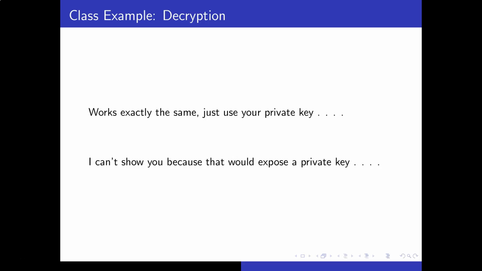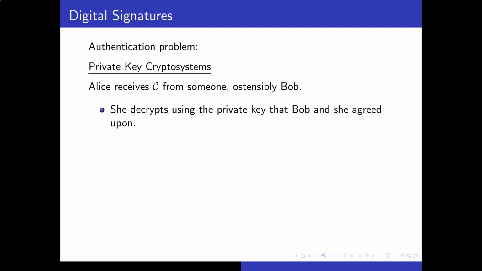Now, unfortunately, while there's a general increase in the amount of convenience, i.e. you don't have to have individual parties setting up private meetings and so forth to establish these things, there is one sort of problem that comes out with public key systems. All right, when you're looking at a private key crypto system, when Alice receives some ciphertext from someone who calls himself Bob, then she decrypts using the decryption key, which is private, that she and Bob had agreed upon. In theory, only she and Bob know that key.